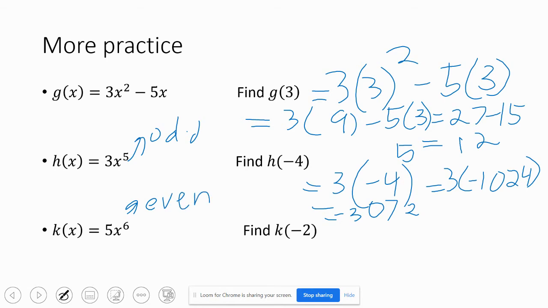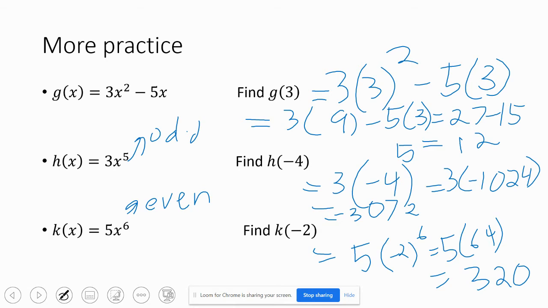So we have 5 times negative 2 to the 6th power. 2 raised to the 6th power is 64. So this will be 5 times 64, which is a total of 320.